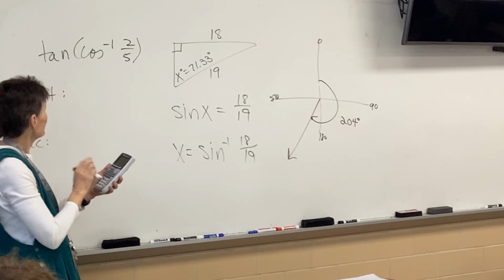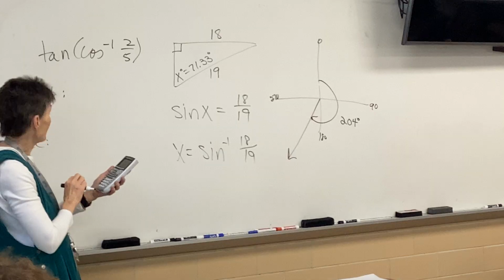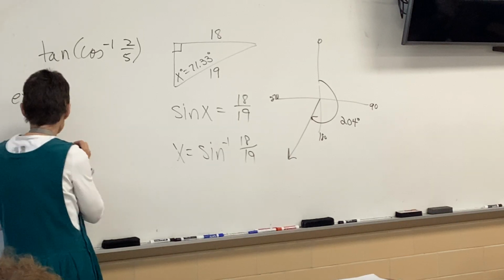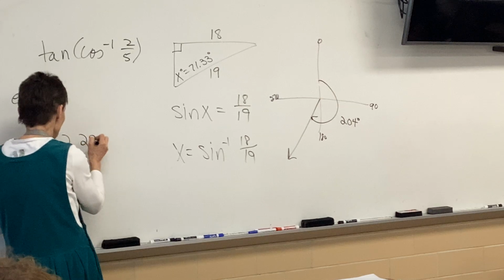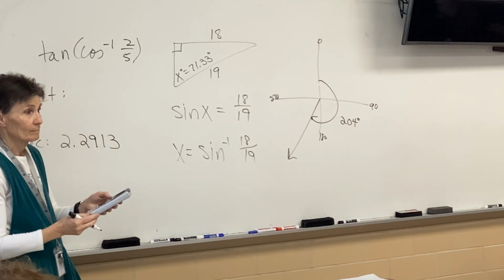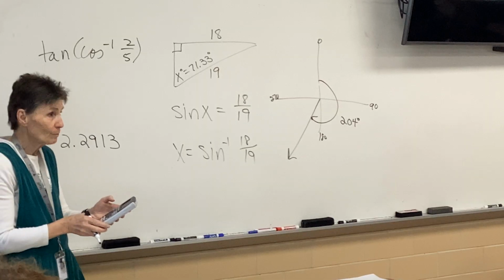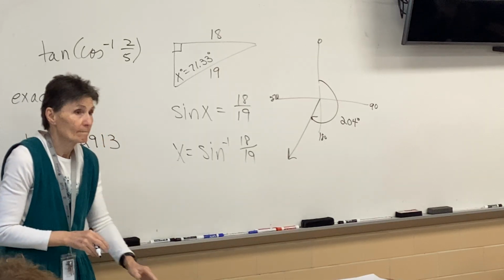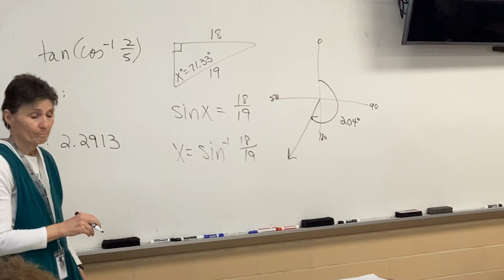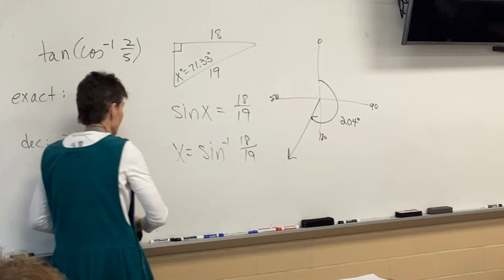So tangent, second cosine, 2 divided by 5. You should have gotten 2.2913. Does that look familiar to you? Yes? Perfect. Now I gotta do it by hand.